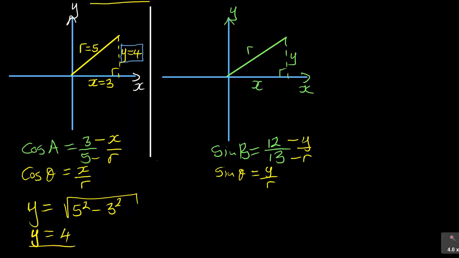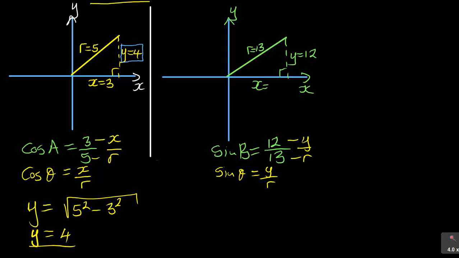Now let's move on to the second one. Let me see what we're given. In the second one, we're given y is equal to 12, r is equal to 13, which means we are looking for x. So how do you find x?